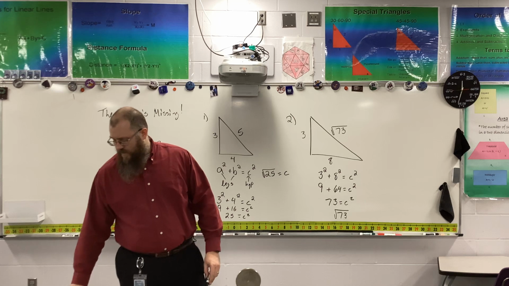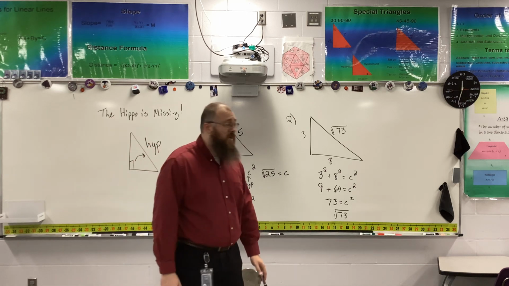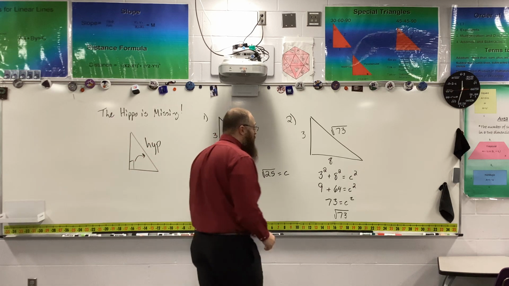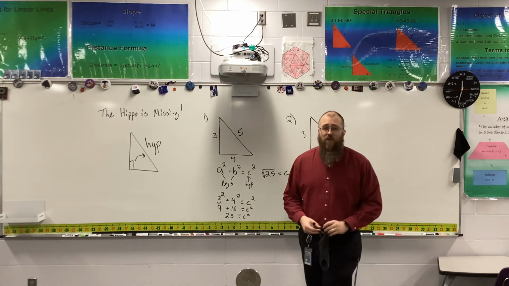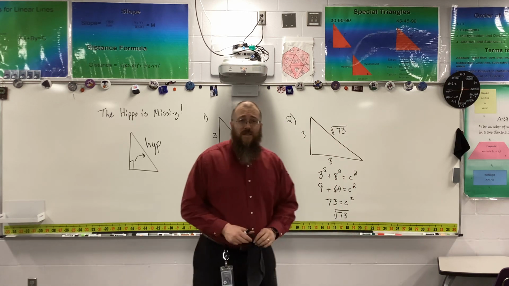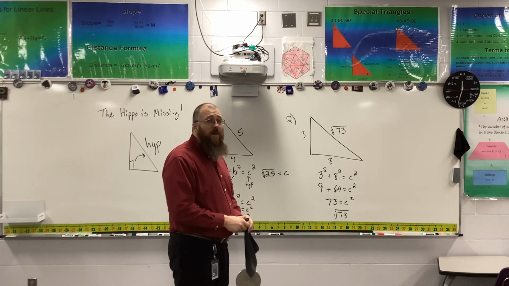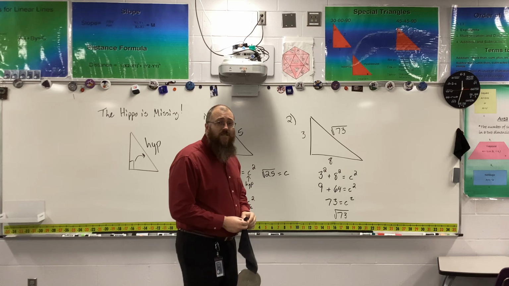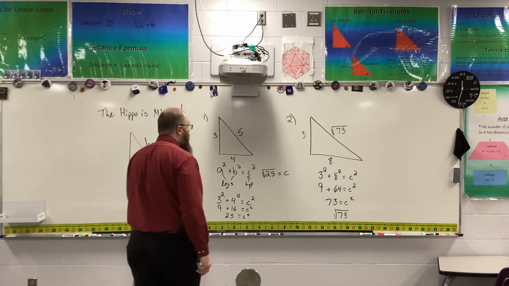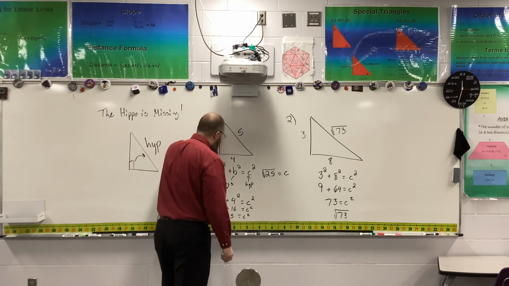So make sure that you listen to IXL's requirements. They may also ask you to leave it in square root form, but usually they have you do it as a decimal. So when you're doing the IXL for this particular lesson, and the ones coming up, if you end up with a root answer, make sure that you read the directions clearly, because you don't want to get problems wrong just because you didn't read the directions.